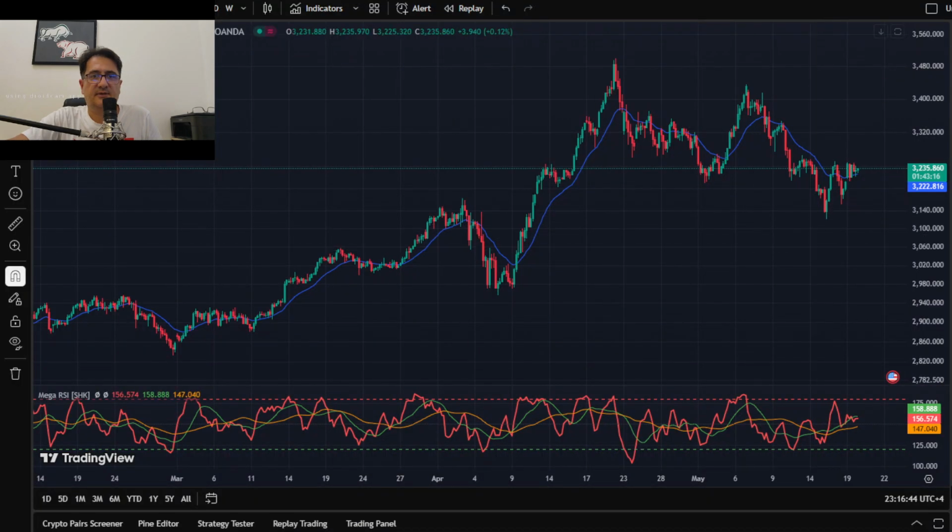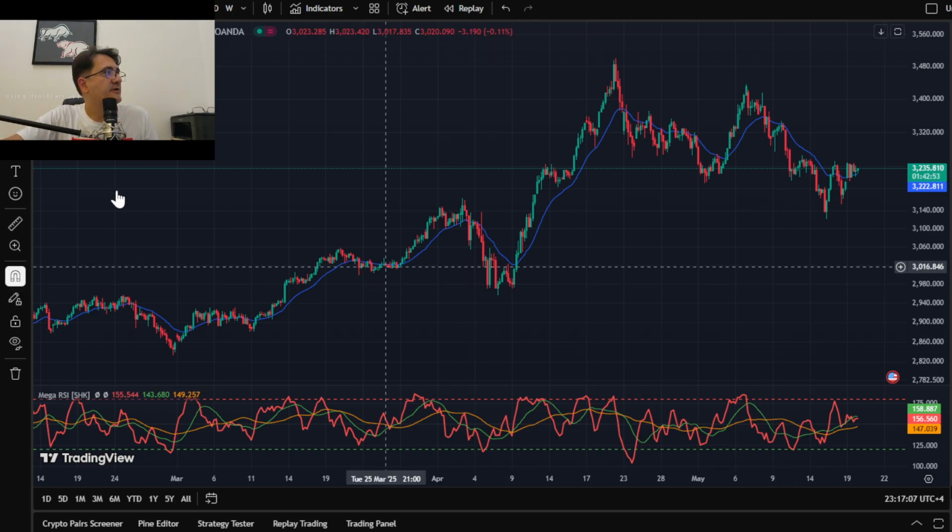And okay, go on. So what is a trend? In technical analysis, a trend is the general direction of the price action, the way that price is moving over time. It can go up or down or can go sideways.